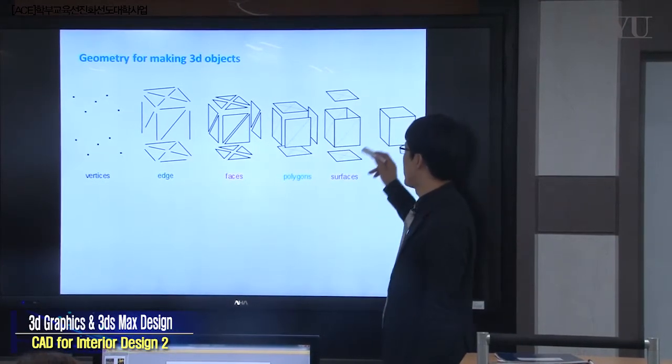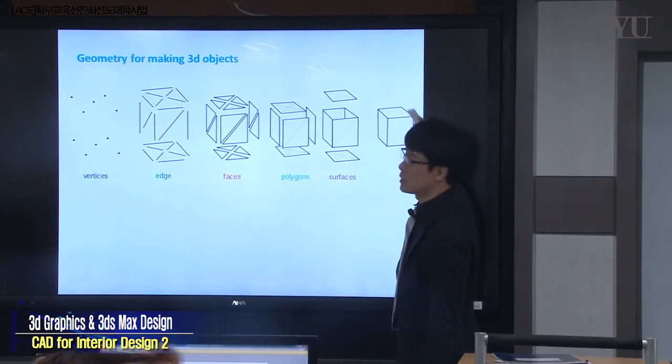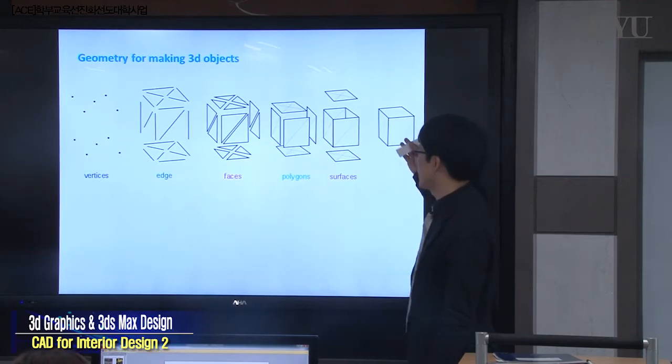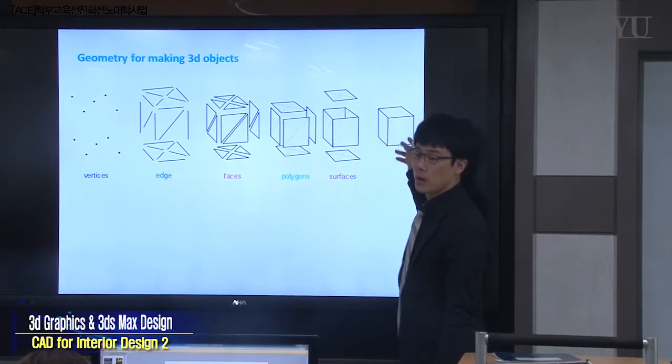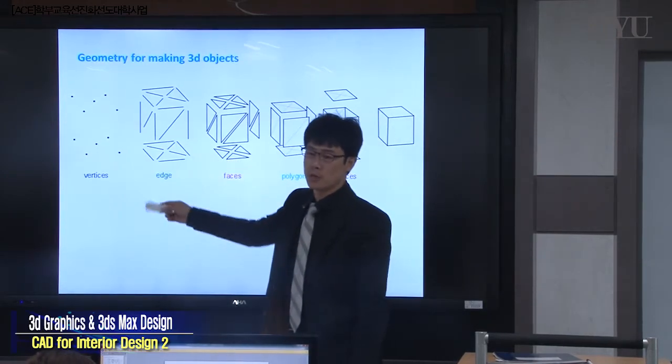Polygons make surfaces. In the end, this is going to be one object. In this case, that is a box object.